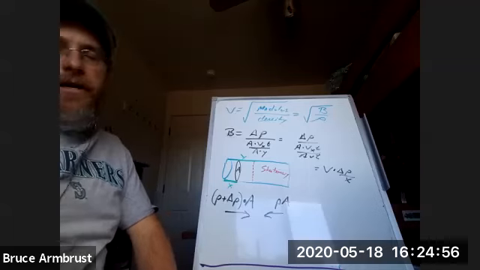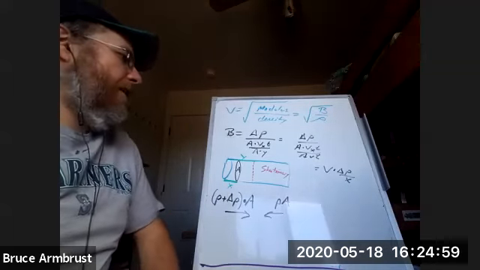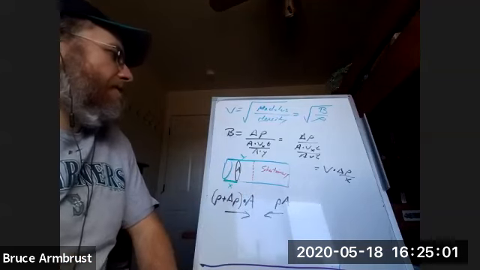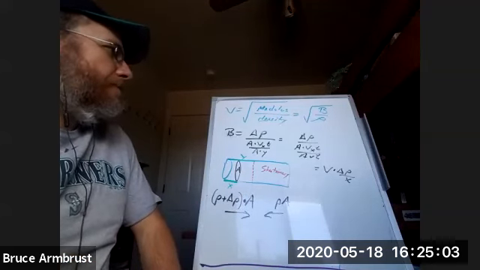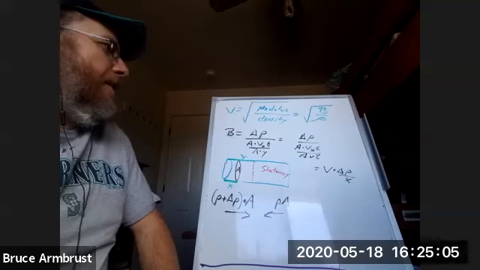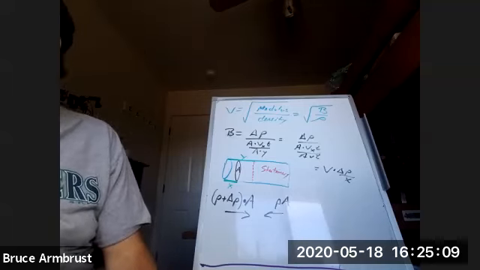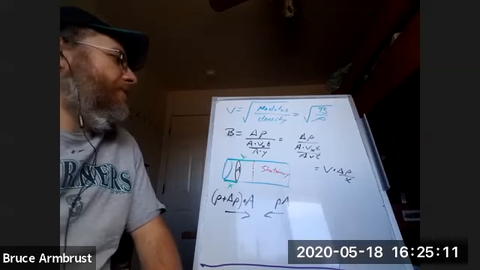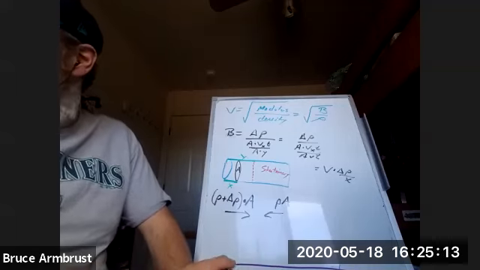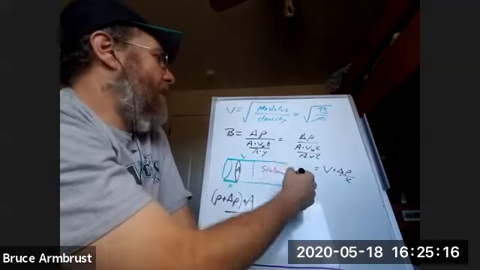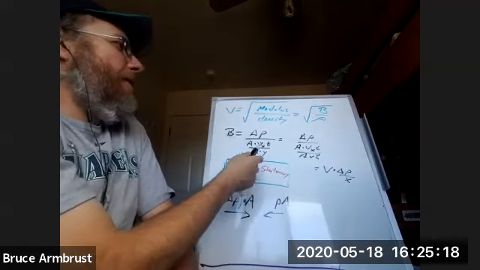And delta P over x, that change in pressure over x, when we go and look at density, that's where the density comes in. So long story short, what I'm doing is working backwards.